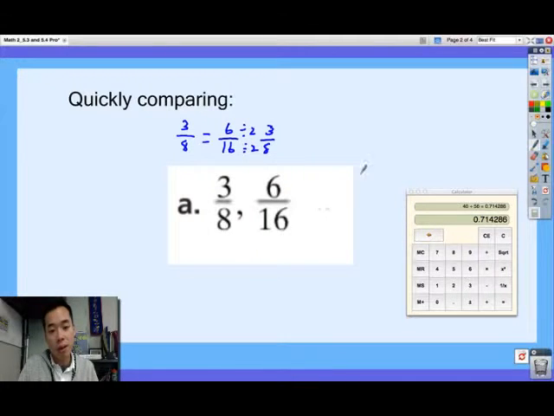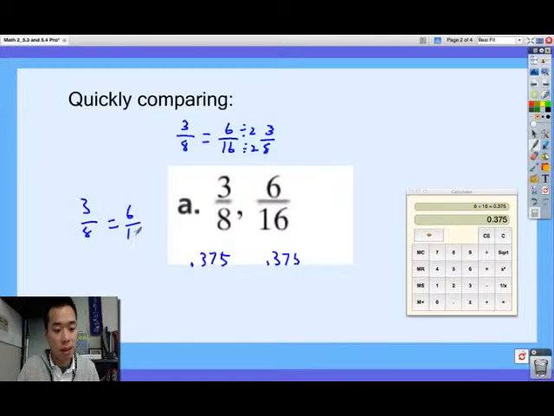So they are the same. Or we can test it out using decimals. Always test it out or write it out using decimals. The left hand side is 0.375 and the right hand side, 6 divided by 16, is equal to 0.375. So final answer, 3/8 does equal 6/16.